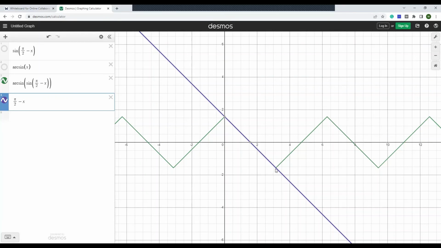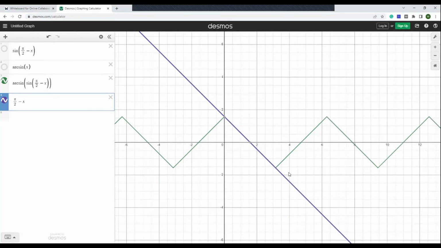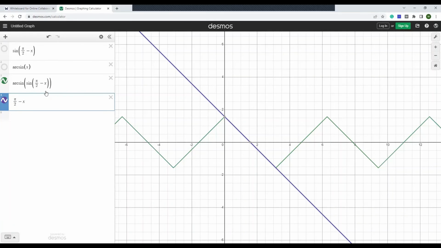Other than that, you get an infinitely repeating periodic function because it just keeps mapping back to a very restricted range for arc sine. For that reason, the green graph does not match the purple graph.